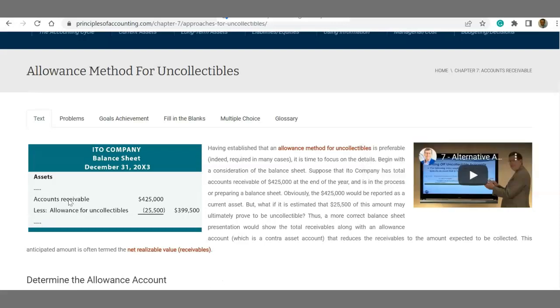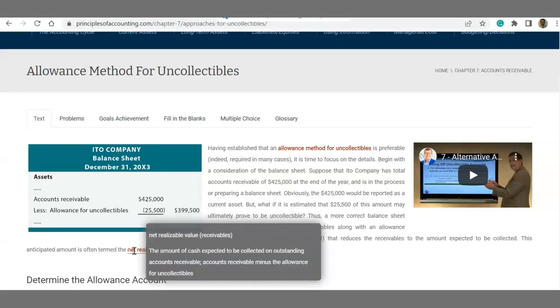So when you have that contra account, your accounts receivable, let's say in this case, is $425,000, your allowance for uncollectible account shows a credit balance of $25,500. So net accounts receivable in the balance sheet shows $399,500.